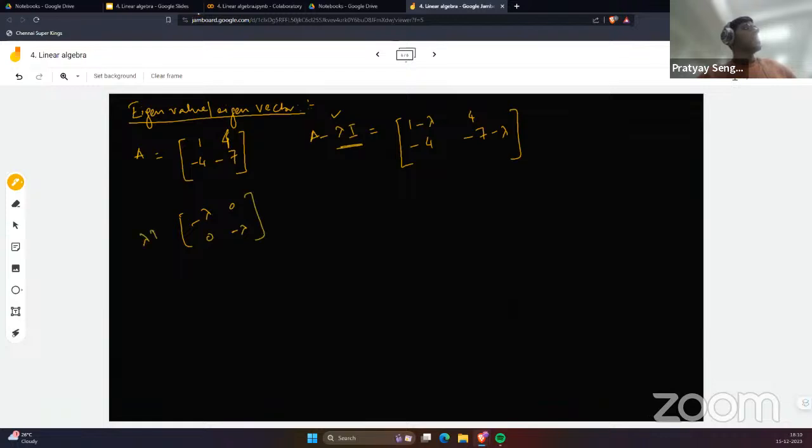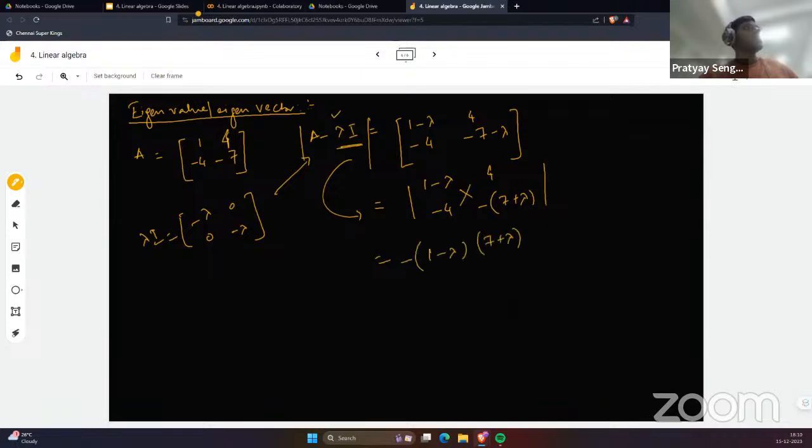So this is lambda I, and A minus lambda I looks like this. The determinant of this will be 1 minus lambda times minus 7 minus lambda, minus minus 4 times 4, right? So this will come as plus 16.